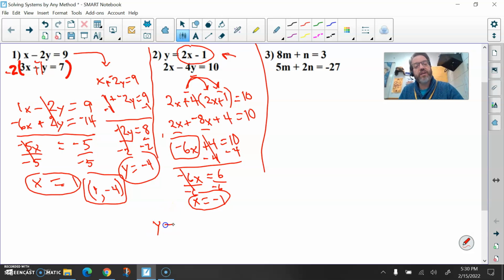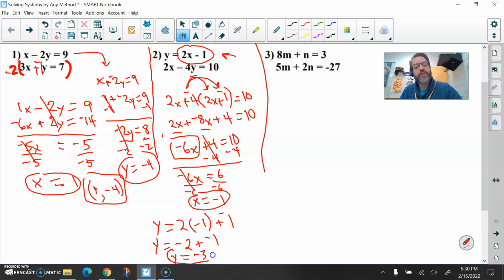So y equals 2 times x, which we now know is negative 1, minus 1. And it would be smart to change this to plus negative 1. All right, so y equals negative 2 plus negative 1. So then y has to equal negative 3.